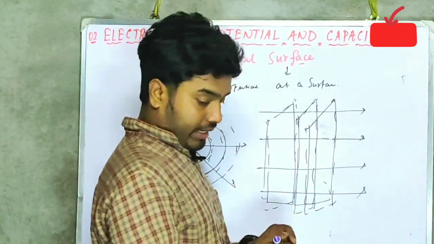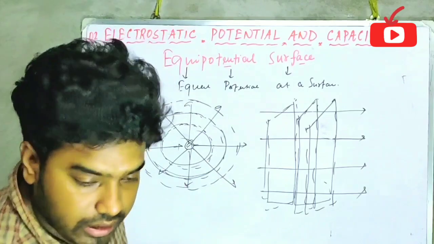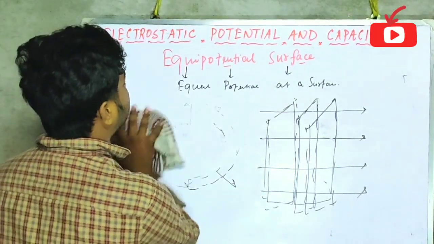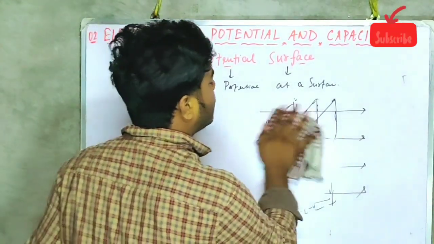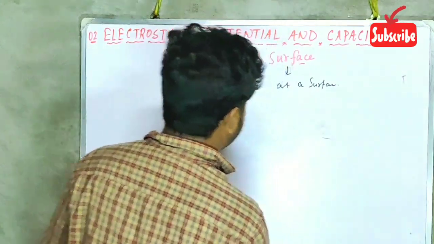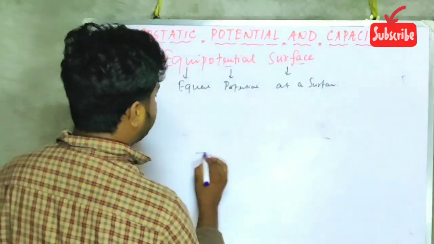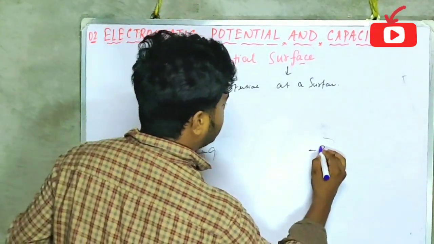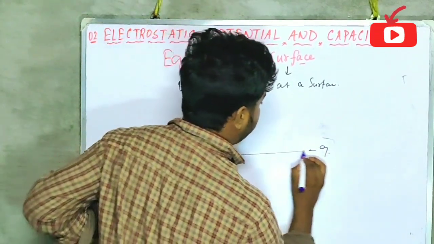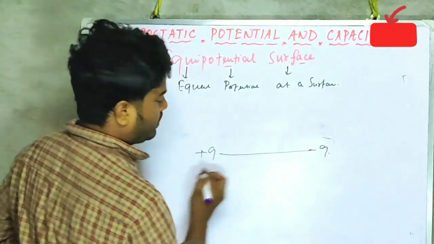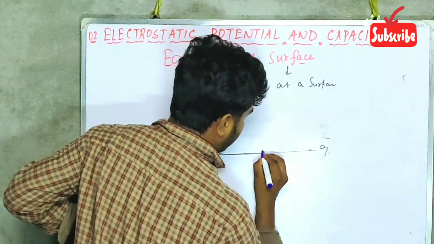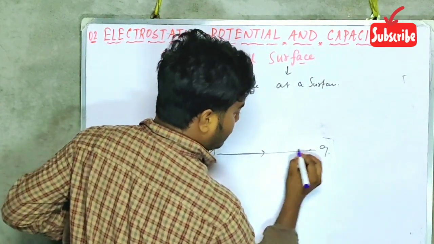And there is another diagram: there is a positive charge and a negative charge, and you have to draw the equipotential surface for them. You know that from a positive charge the field line goes outward, and for a negative charge the field line goes inward.